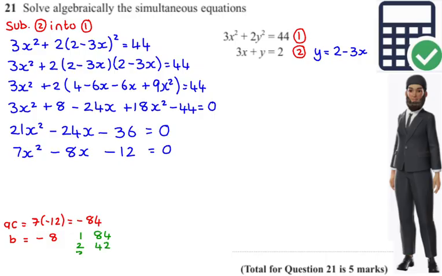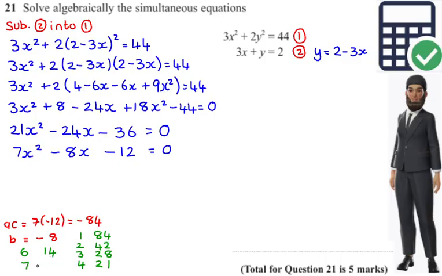It could be 3 and 28. 4 and 21. 6 and 14.